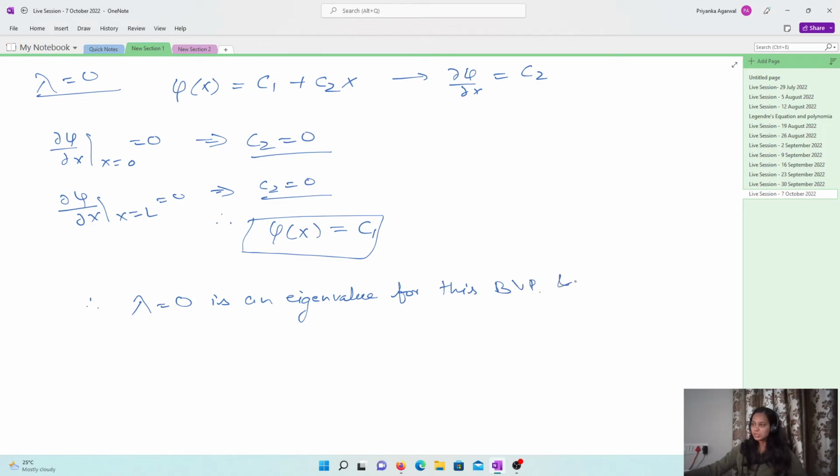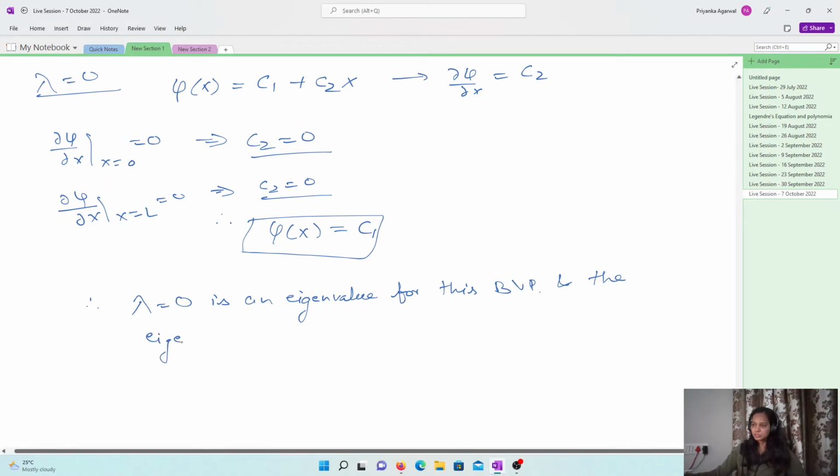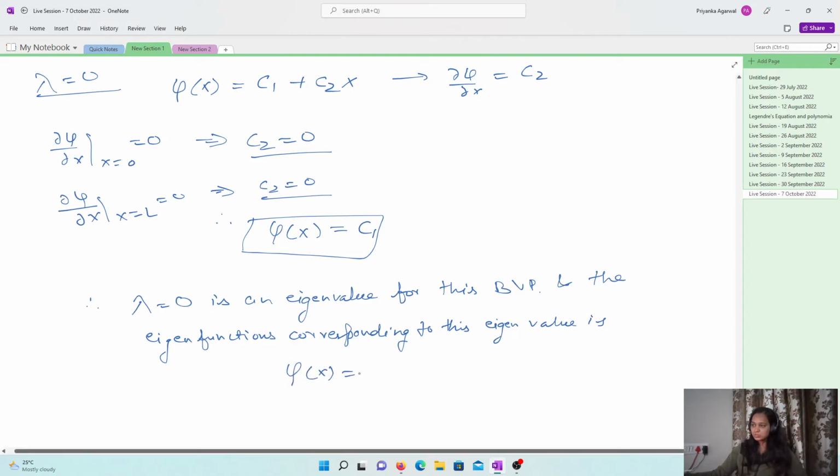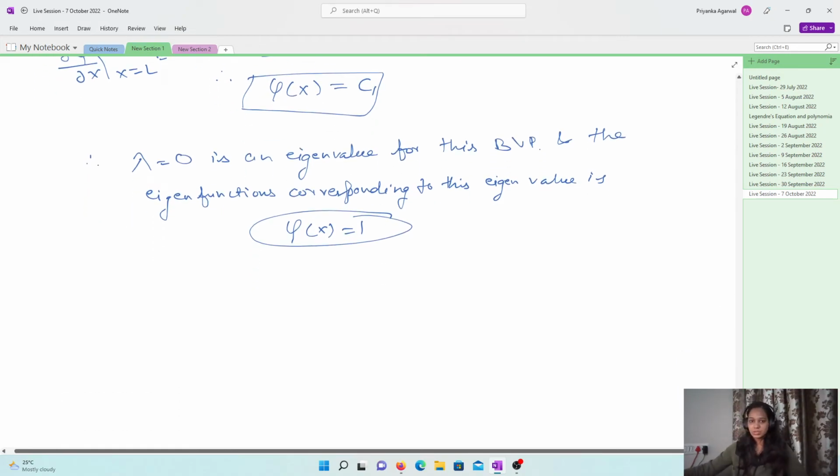Okay, and the eigenfunction corresponding to this eigenvalue is psi of x equal to 1. I hope things are clear till this point.